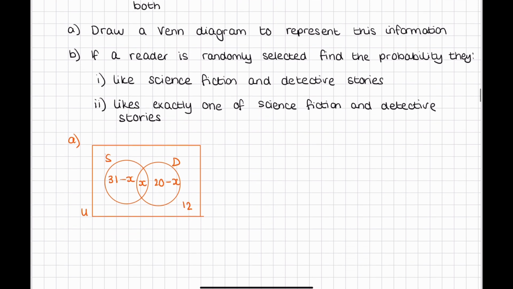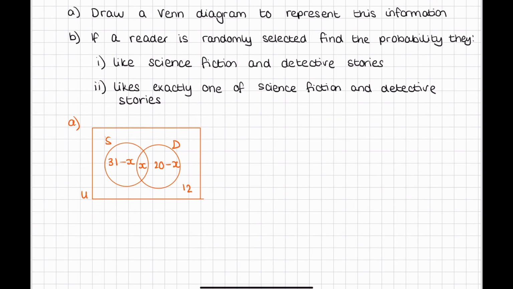Now from here, we can actually work out the values. We know there are 50 readers in total, so we know all this added together has to equal 50, all parts of that Venn diagram. Then if we simplify that, we get 50 equals 63 minus x. And then from there, we can work out that x would equal 13.